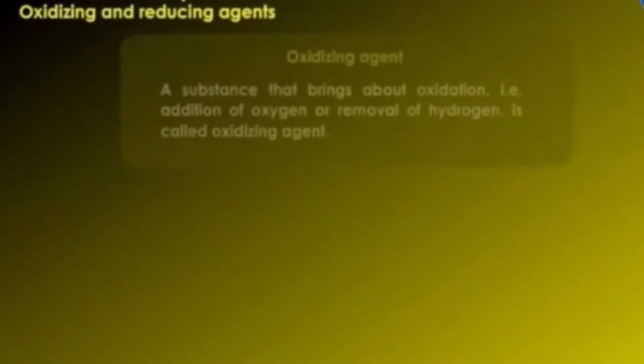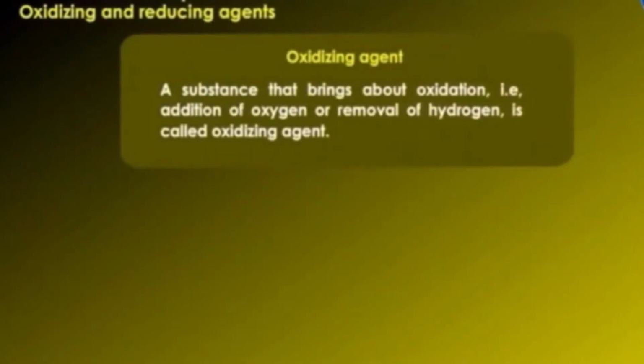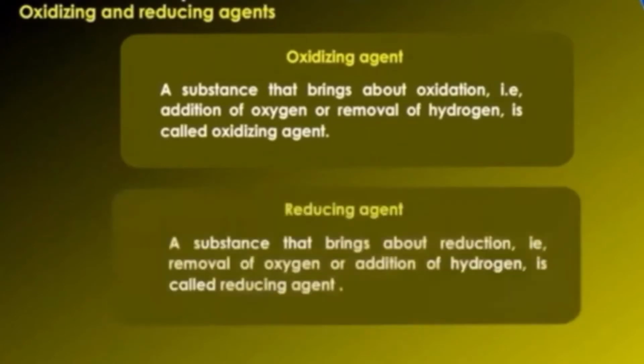Now let's see oxidizing and reducing agents. A substance that brings about oxidation, that is addition of oxygen or removal of hydrogen, is called an oxidizing agent. A substance that brings about reduction, that is removal of oxygen or addition of hydrogen, is called a reducing agent.